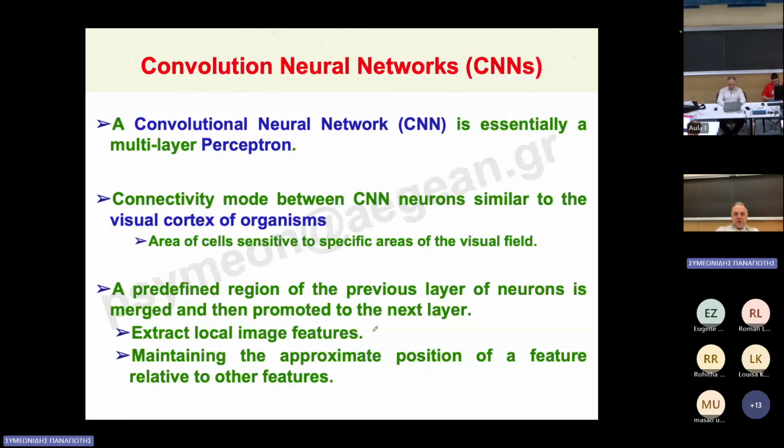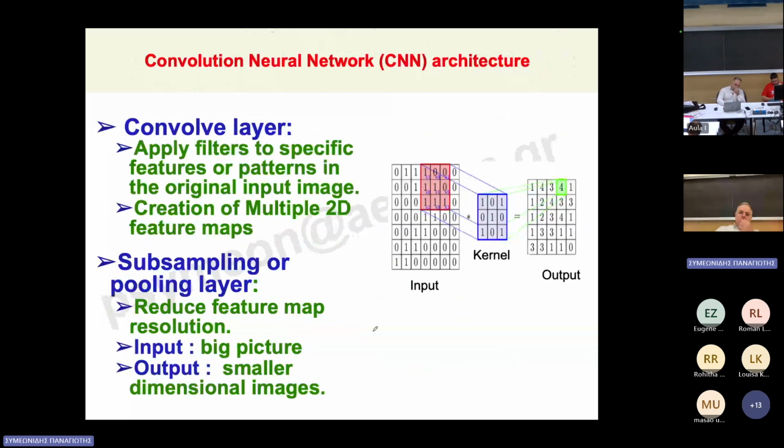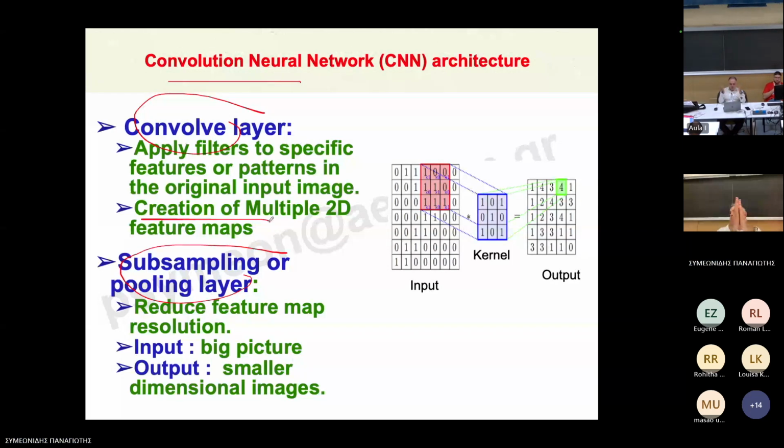Okay, so the convolution neural networks consist of two main layers: the convolve layer and the subsampling or pooling layer. The convolve layer is responsible for the creation of two-dimensional feature maps. We can see it here.